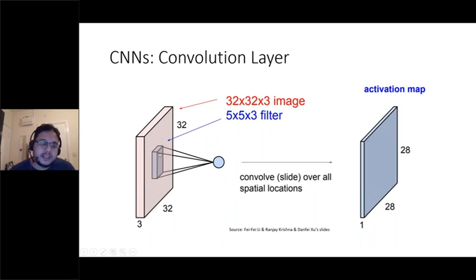RGB, you have 3 colors, so each pixel has 3 components. We call this operation convolve. That's why we call it a convolutional neural network. We are convolving, which means we are sliding like that all over the spatial locations.